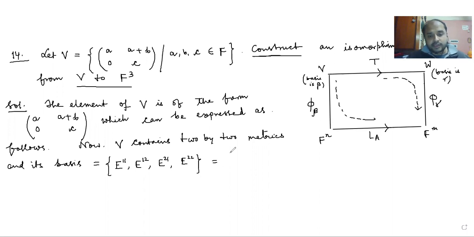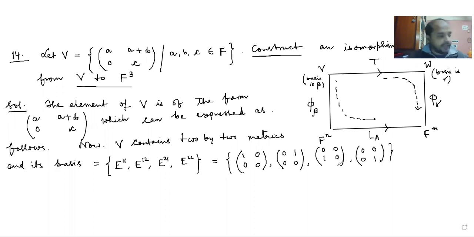So what are these actually? 1 0 0 0, 0 1 0 0, 0 0 1 0, 0 0 0 1. Okay, and you see, if you consider this element a plus b, 0 and c, you can express this element with respect to these basis elements. So we can write it as a into 1 0 0 0.